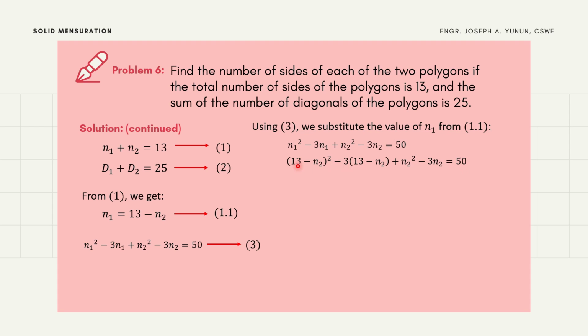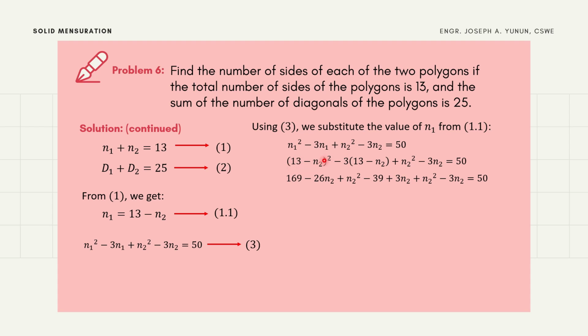Now simplifying these terms, 13 minus n2 squared, then minus 3 times 13 minus n2, we'll get an equation of 169 minus 26n2 plus n2 squared minus 39 plus 3n2.